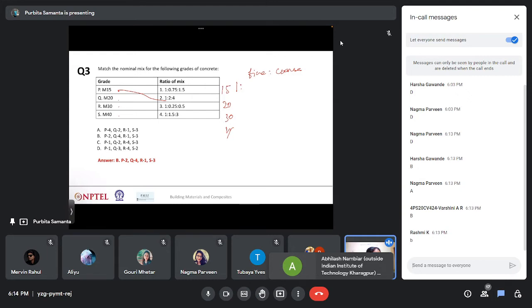However, if the fine is 4 for M15, then for M20, 30, 40, whatever it is, the proportion of fine aggregate with respect to cement reduces. For M20, it's 1.5, and then double of this fine aggregate is generally the value of coarse aggregate, which is 3. So you can remember it in that way also.